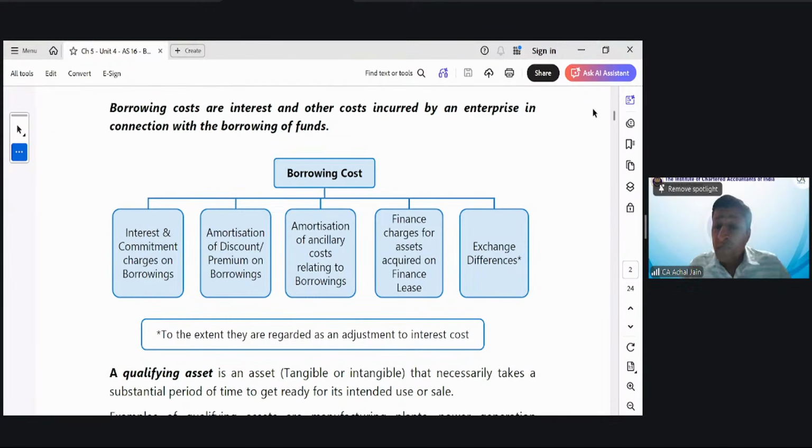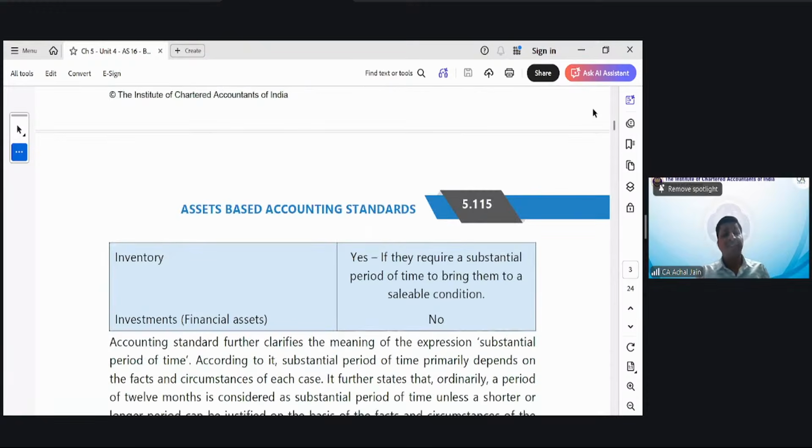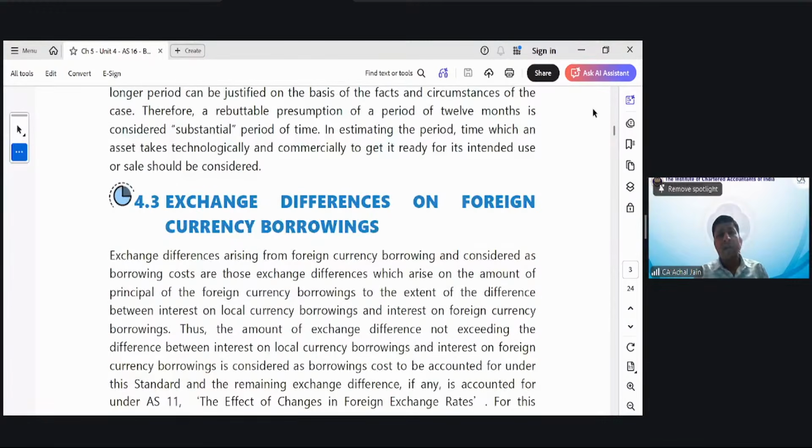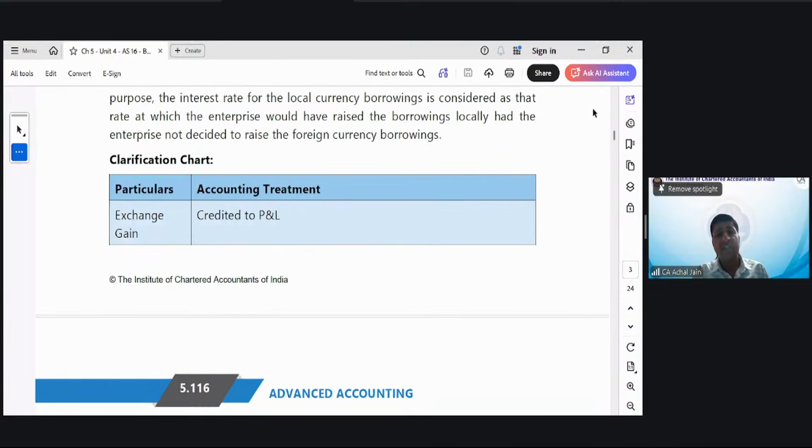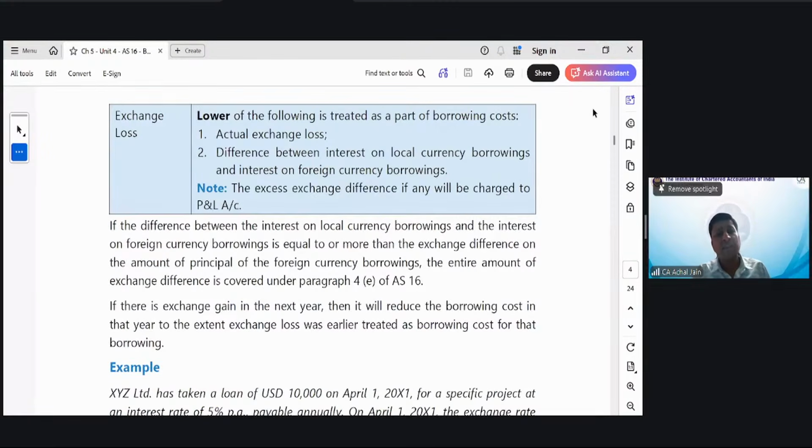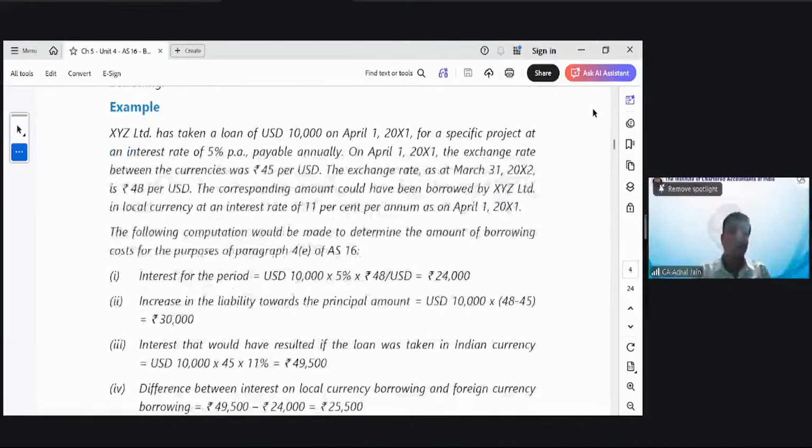And if that pertains to a qualifying asset, it can be capitalized. So let's try to understand what this exchange difference is, and under what situations it can be considered as interest and therefore capitalized.